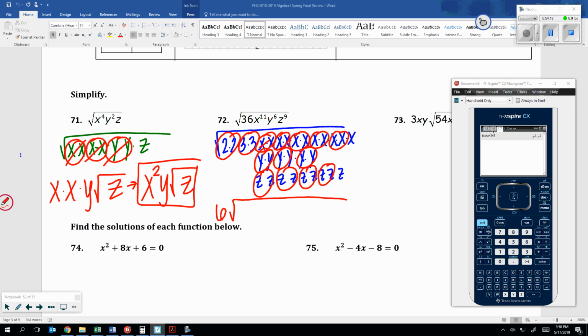And I have 5 x's, 3 y's, and 4 z's. And then left underneath the radical, I have an x and I have a z. That's all I have left.